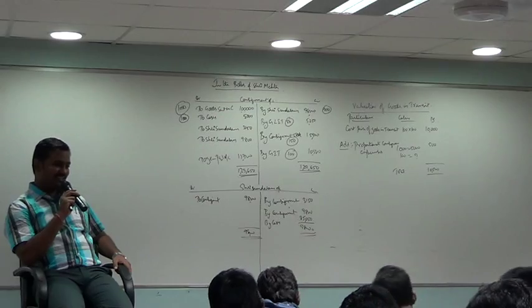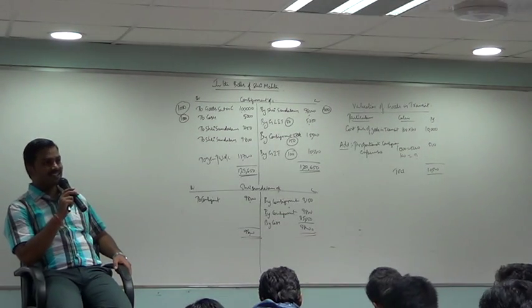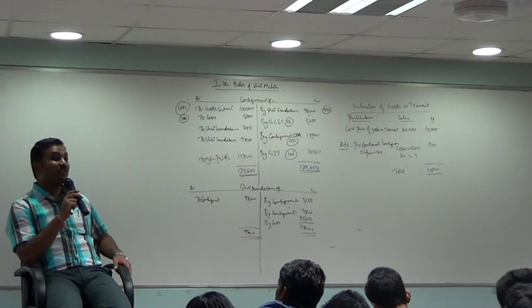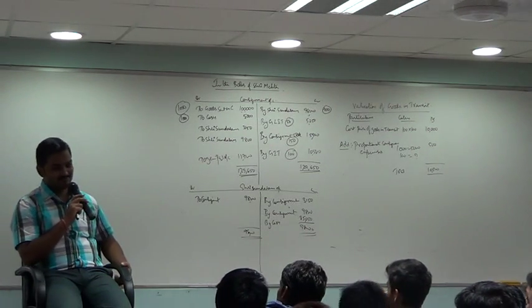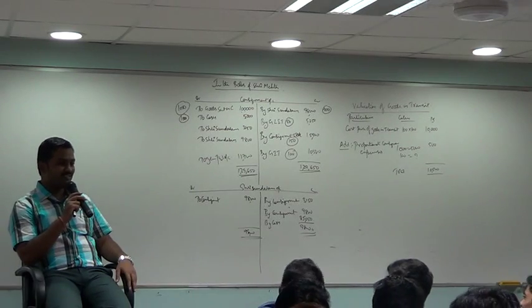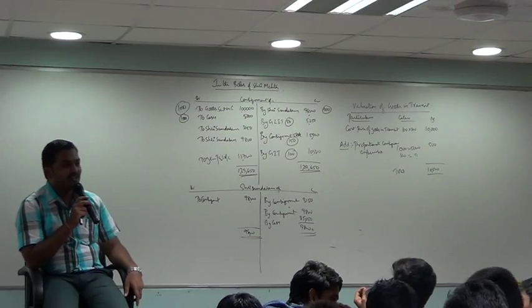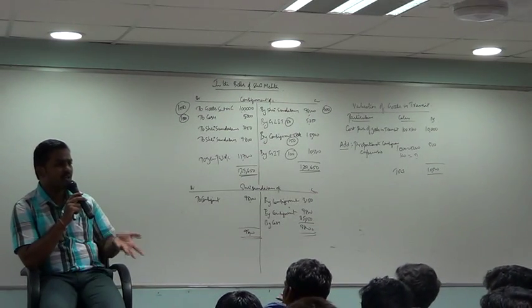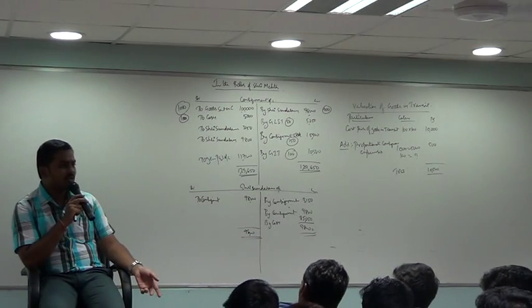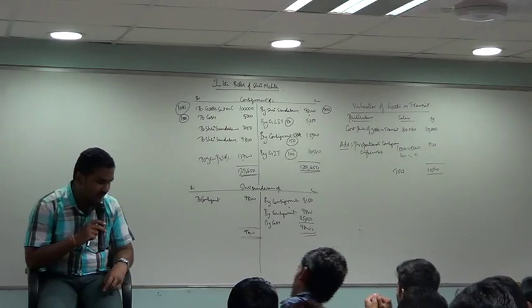Very good, no entry. Why? Only for selling there will be an entry. Why no entry? Because he is not paying anything. He is only receiving the goods. He is only an agent. He doesn't have ownership right on these goods. That is why no entry in the books of the consignee.